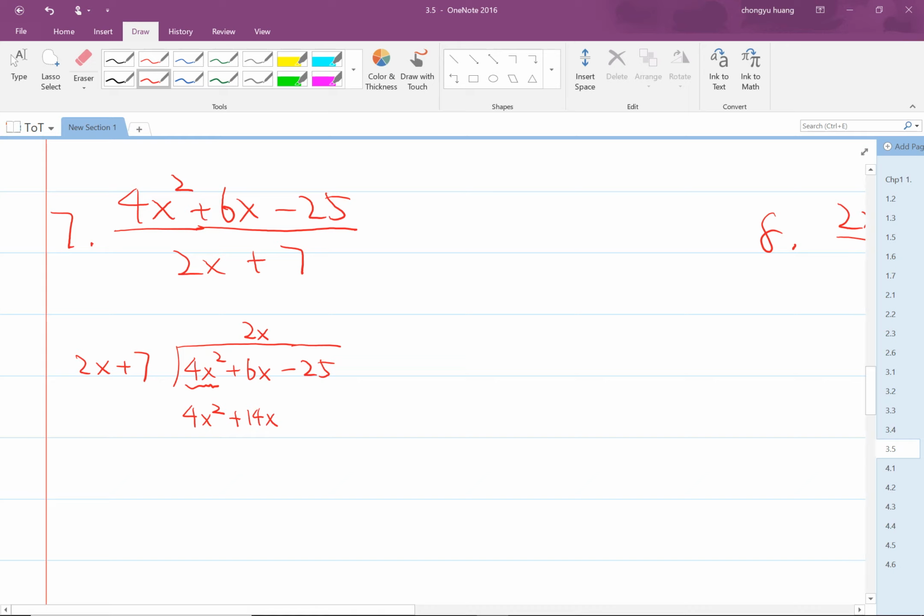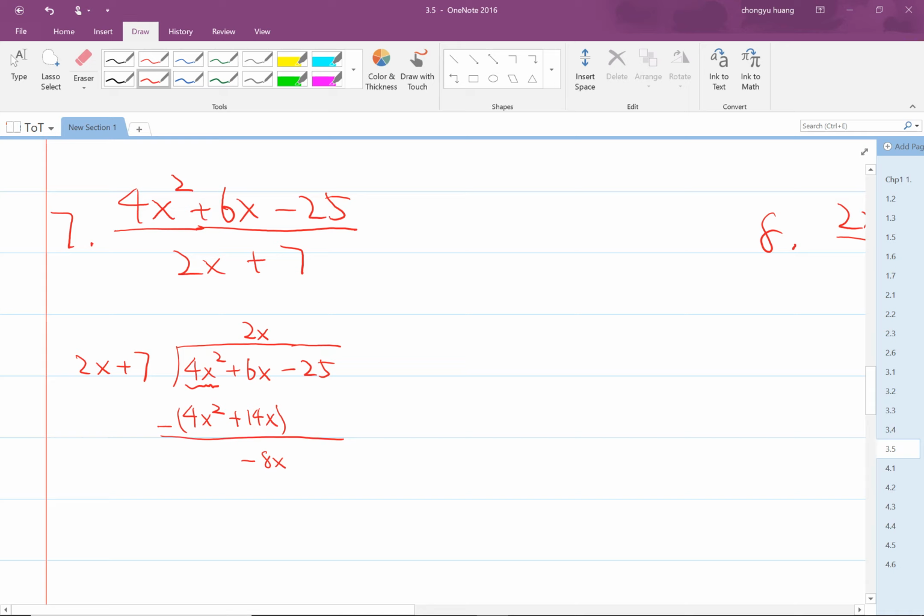And then further on you subtract it. So 4x squared minus 4x squared is equal to 0, right? And then what you got is 6x minus 14x, so it's actually negative 8x.